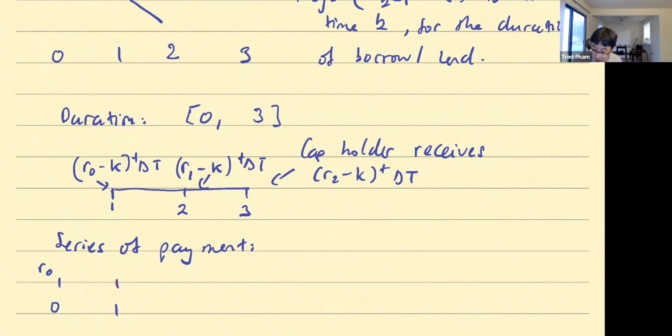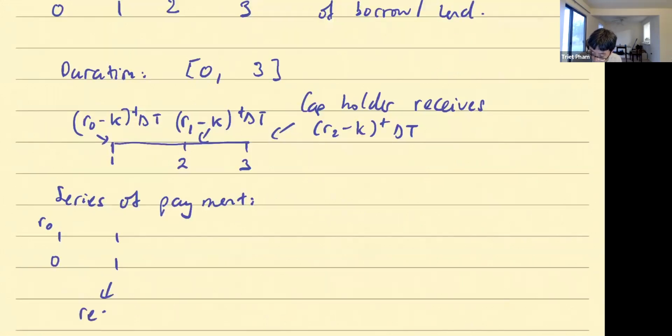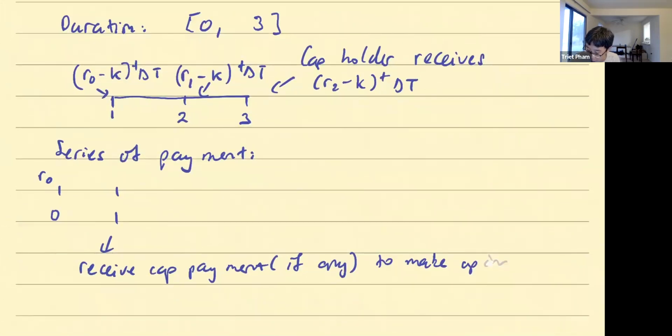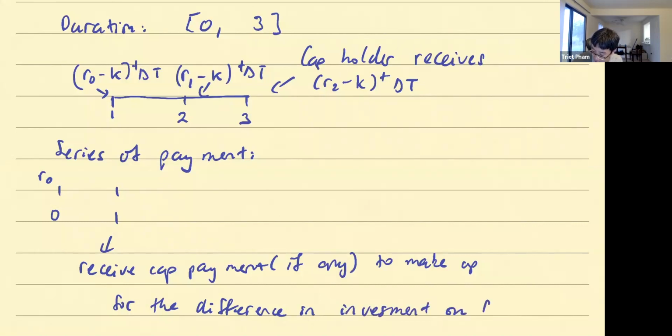So at time 1, that person will receive the cap payment, if any, to make up for the difference in investment. Is that okay? Which is exactly this amount.